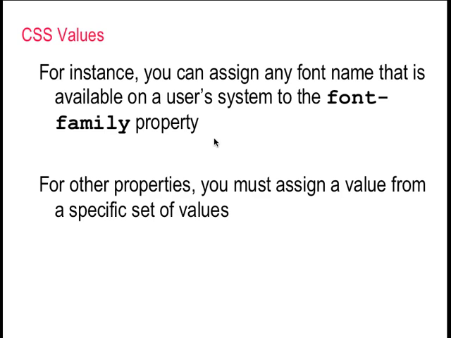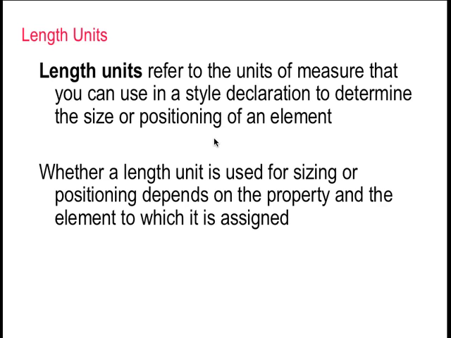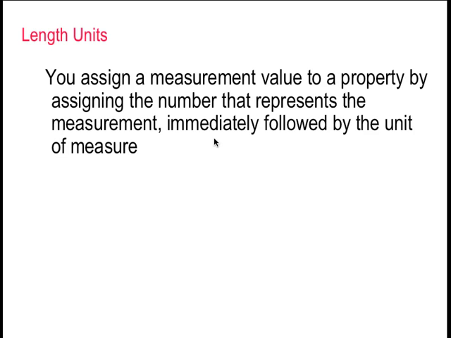Other properties, you have to assign a value from a specific set of available options. In terms of length units, this refers to the units of measure that you can apply to the style declaration to determine the size and positioning of the element. For sizing and repositioning, it depends on the property and the element as to what's going to be assigned. You assign the measurement to the property by assigning the number that represents the number of units.